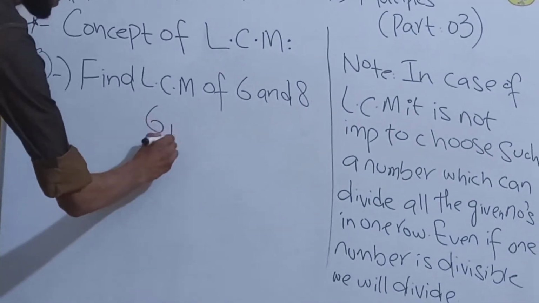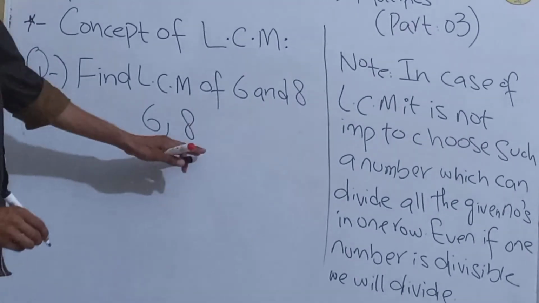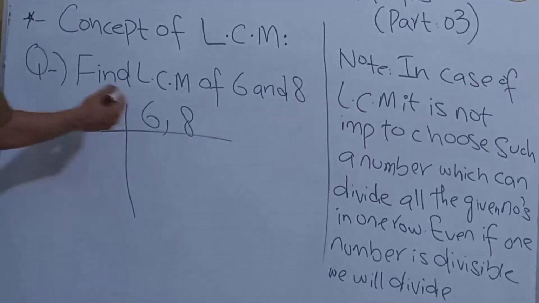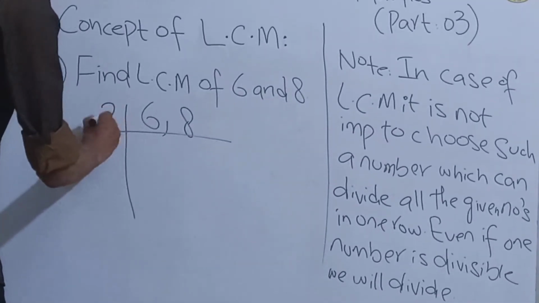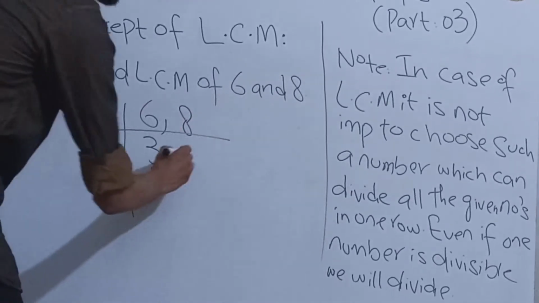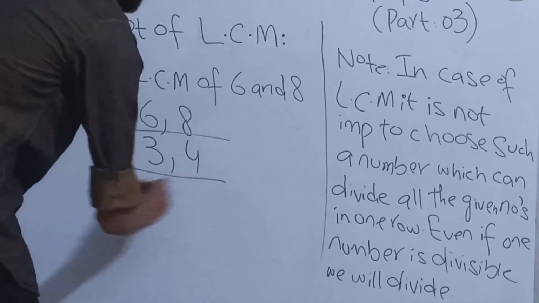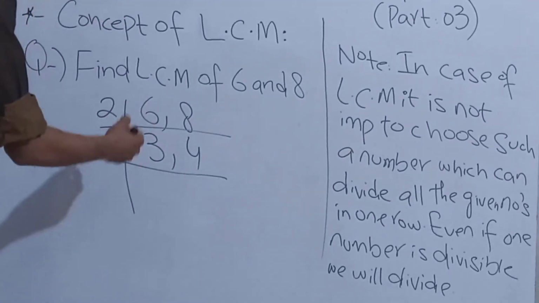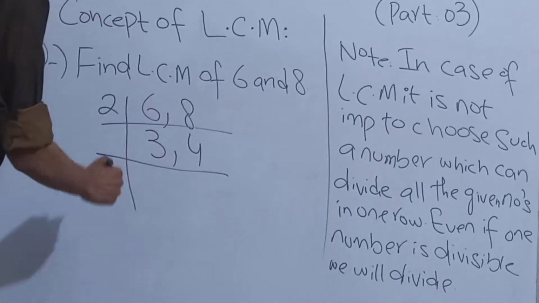So our numbers are 6 and 8. We have to find the LCM of 6 and 8. So we will start with the least prime number, which is 2. 2 3s are 6. 2 4s are 8. Now we will move on to the next step.